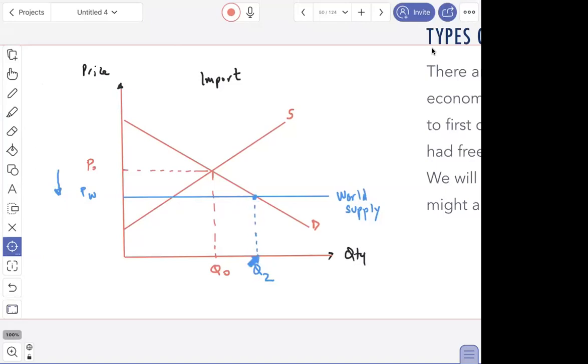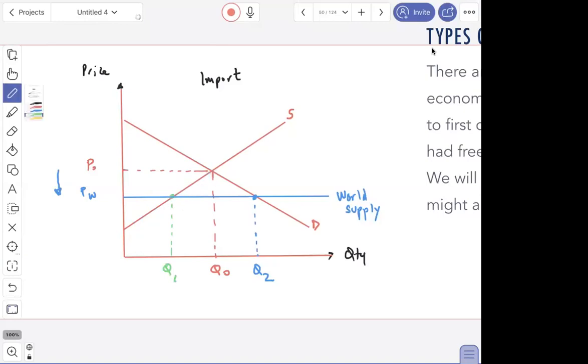But at this PW price, if this is what the demand is out there, how many domestic consumers are able to meet this demand? The answer is only these many domestic consumers are able to meet this demand. Why? Because this is the supply curve which is being met at PW. The rest, P naught minus PW, these guys are those who are unable to meet the supply curve.